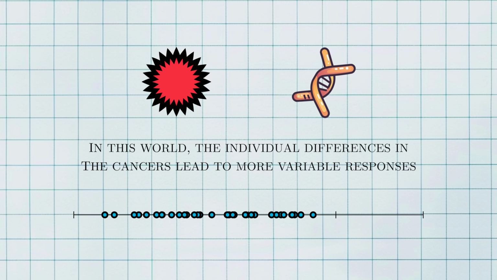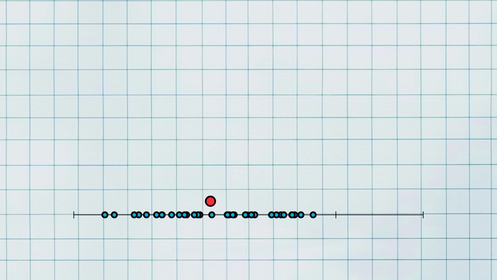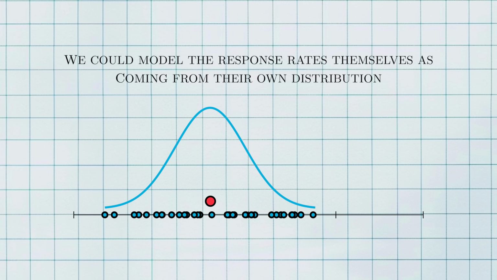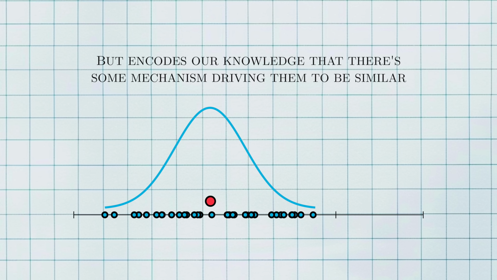These response rates could be wildly different, but there's still some average response rate that arises out of the distribution of points. Something we can do to model this idea is to model the response rates themselves as coming from a distribution. This distribution allows each group to still have their own response rate, but encodes our knowledge that there are mechanisms driving them to be similar or different.